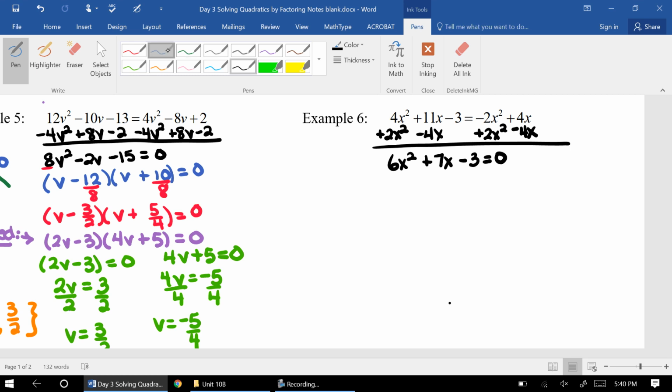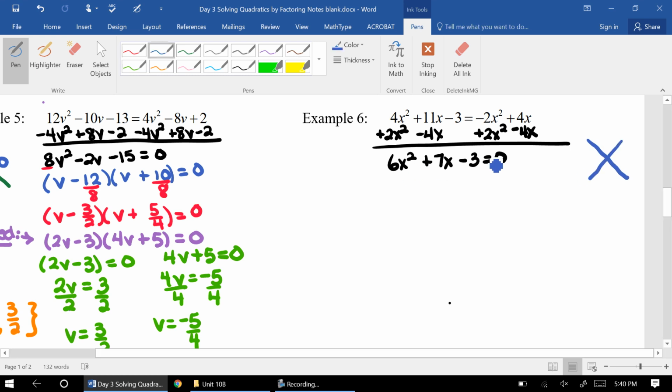I want to set this up for factoring, so I'm going to go ahead and make my x again. 6 times 3 is 18. So negative 18 over 7. What two numbers multiply to negative 18 and add to 7? I want to use a positive 9 and a negative 2.